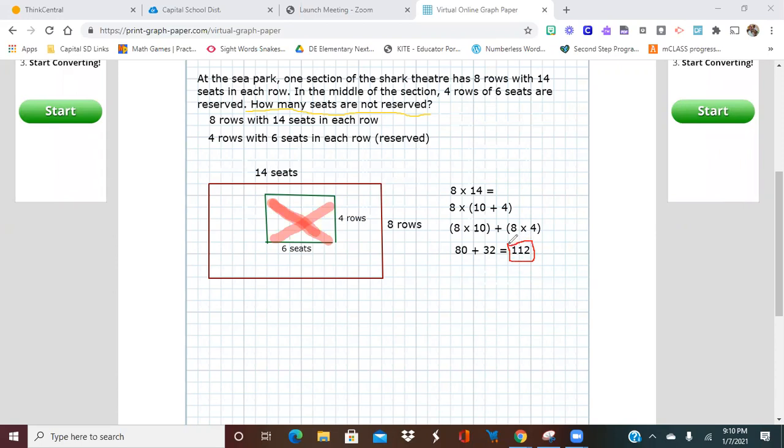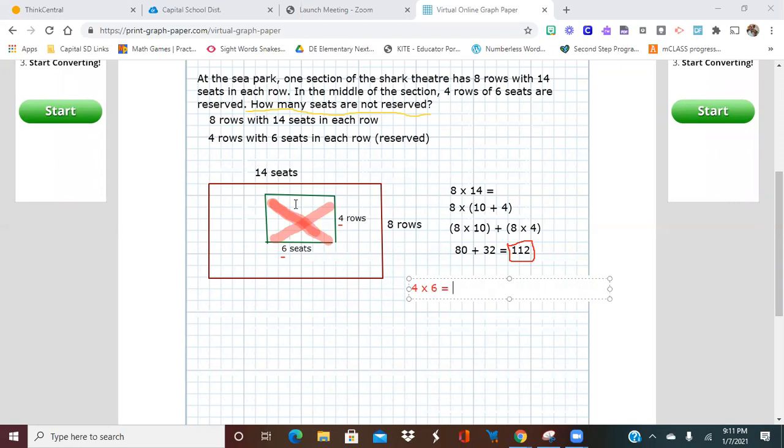Out of those 112 seats, we know that there are some that are reserved that we can't use. I need to know how many seats I cannot use. I know there are 4 rows of 6 seats each that I'm not allowed to use. So let's find out how many seats that is. I'm going to do the same thing. I'm going to multiply the number of rows, which was 4, times the number of seats, that was 6.